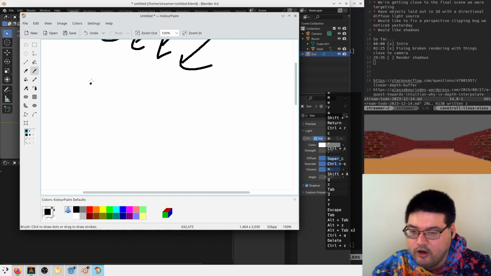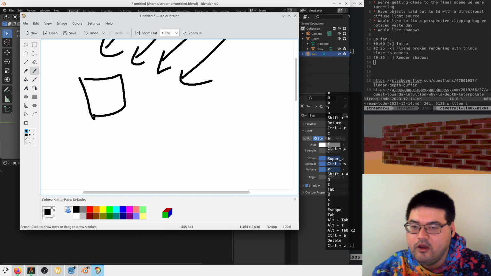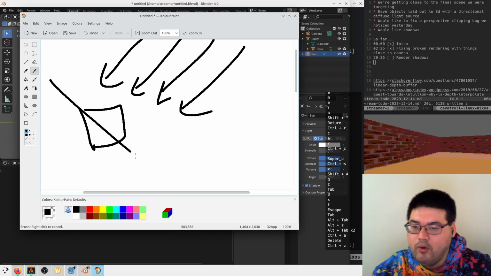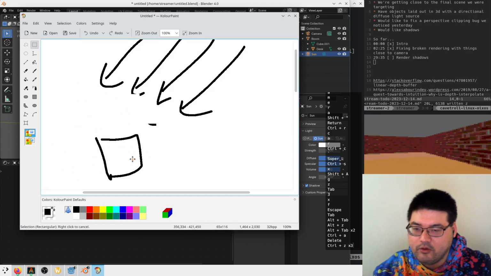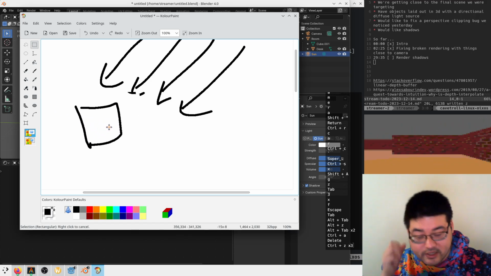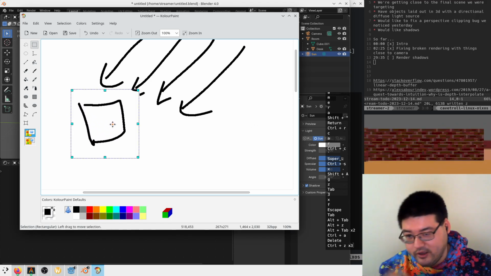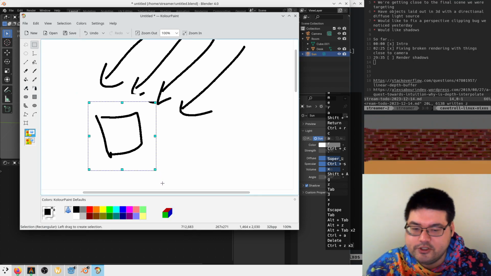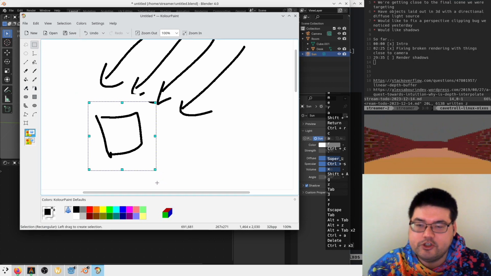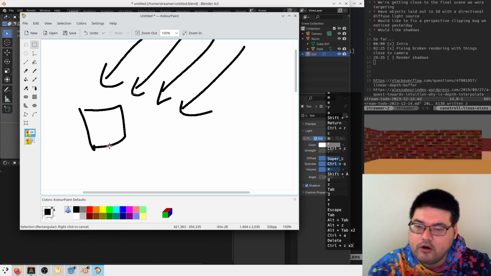So if I have an object here, it doesn't matter where it is relative to all these. It's always going to get light coming in at the same angle. It's the model that we're working with. So we need to make sure that we're rendering our light that way.